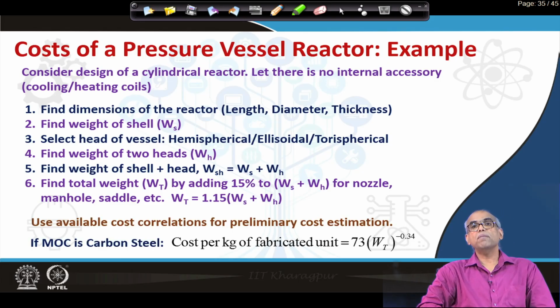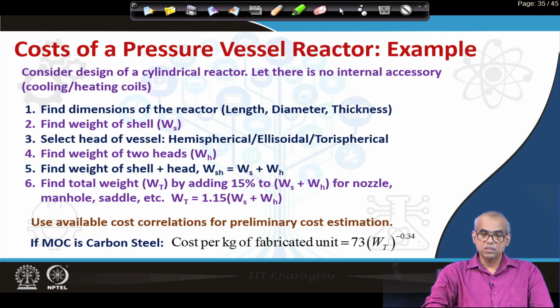Now, once I have the total weight for the given material of construction, I can make use of cost correlations that are available to find out what will be my preliminary cost. So, preliminary cost estimation is possible by obtaining the weight of the reactor material.